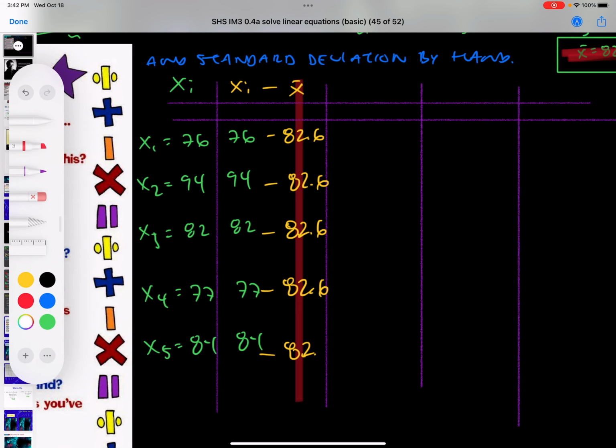Okay, when you subtract those values, you will get negative 6.6, 11.4, negative 0.6, negative 5.6, and then 1.4.